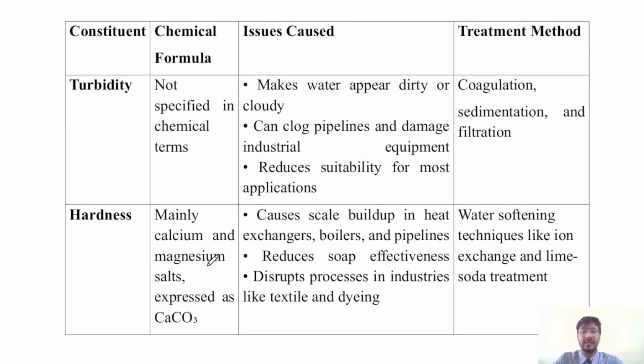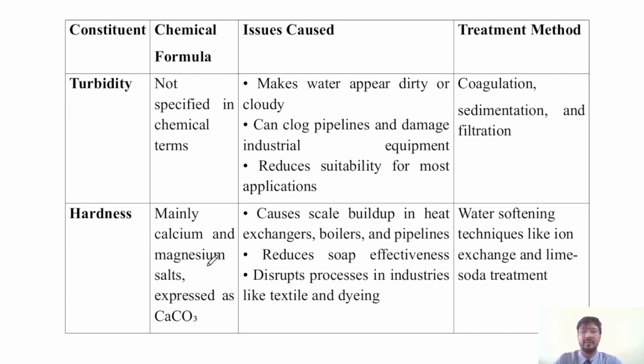This table gives the constituent, its chemical formula, the issue it causes, and the treatment method. Let's look at the four simple columns: the chemical name or symbol of the constituent, the problem they create, and how we can remove or treat them.